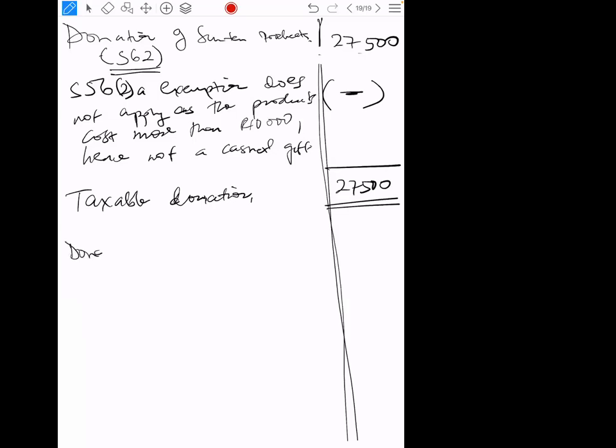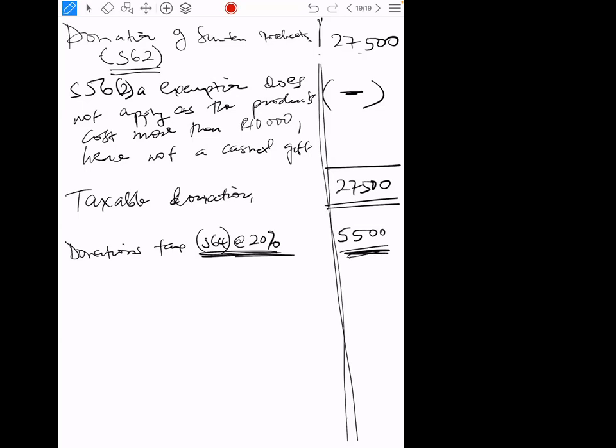Then you say donations tax. Section 64, they give us the rate at 20%. 20%, telling the marker there that the 20% utilized is in terms of section 64. Right. So that one has been answered.